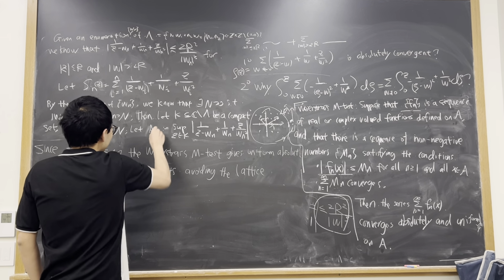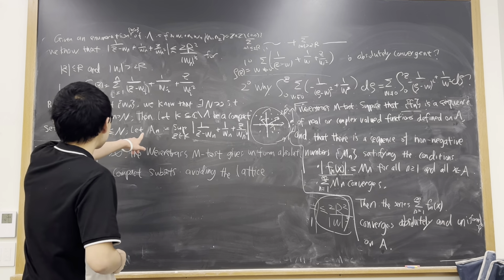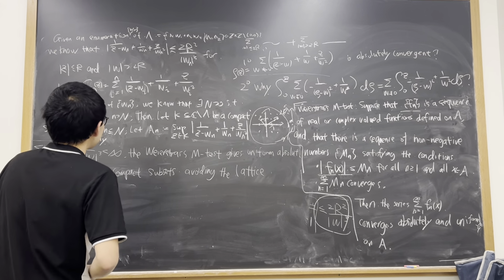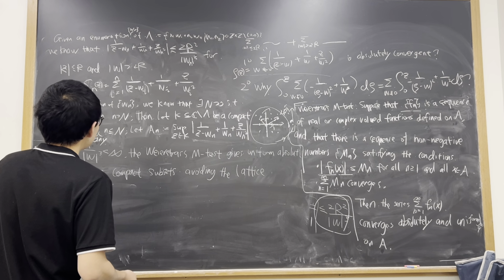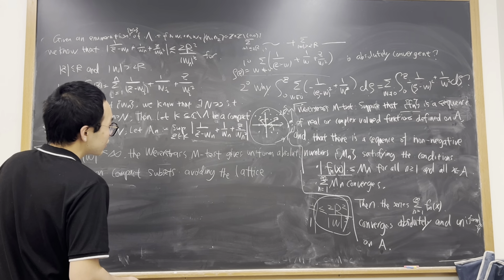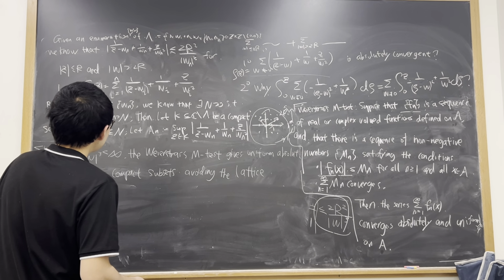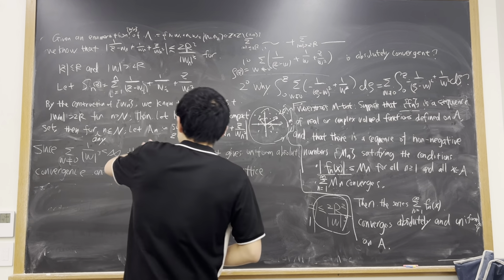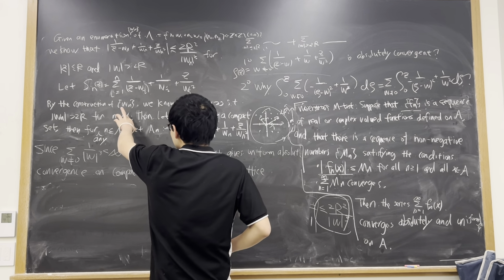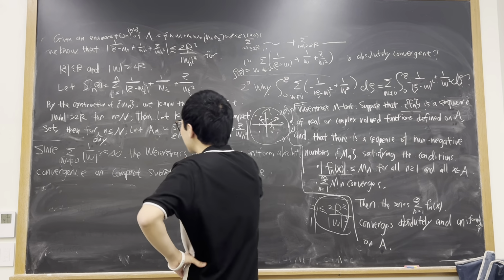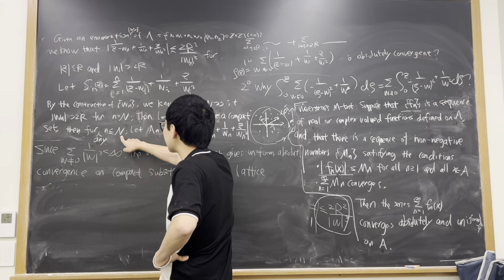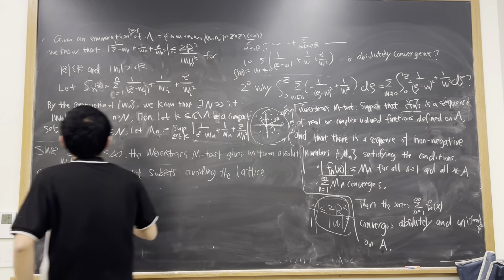So maybe I'll use an to distinguish this Mn. This is the upper bound for the summand when n is less than or equal to N. And then we also need to define the upper bound for the summand where the index is bigger than N, right?